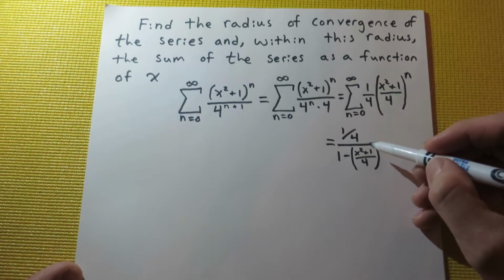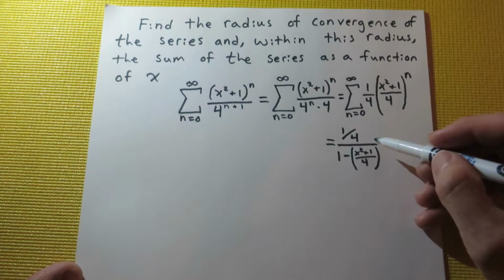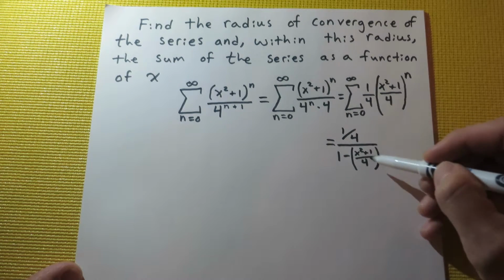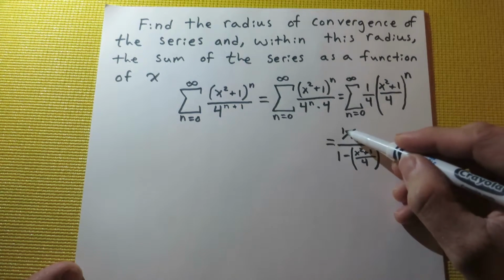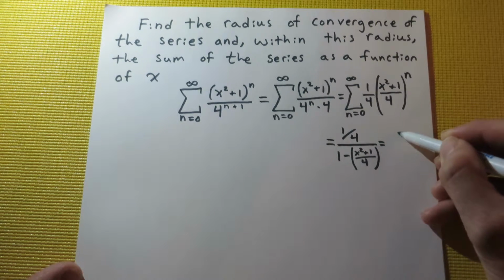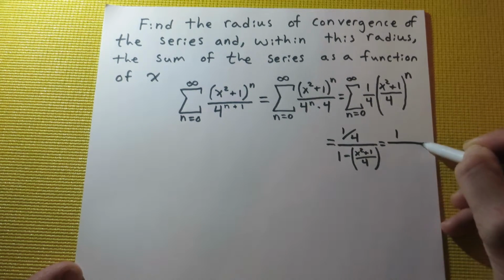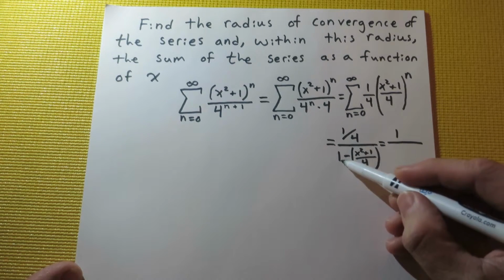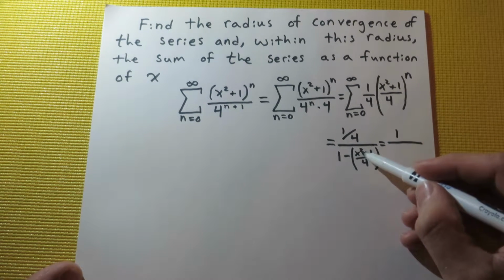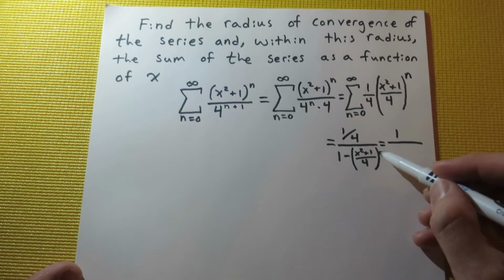If we multiply the numerator and denominator by 4, we get 1 over 4 minus x squared minus 1.